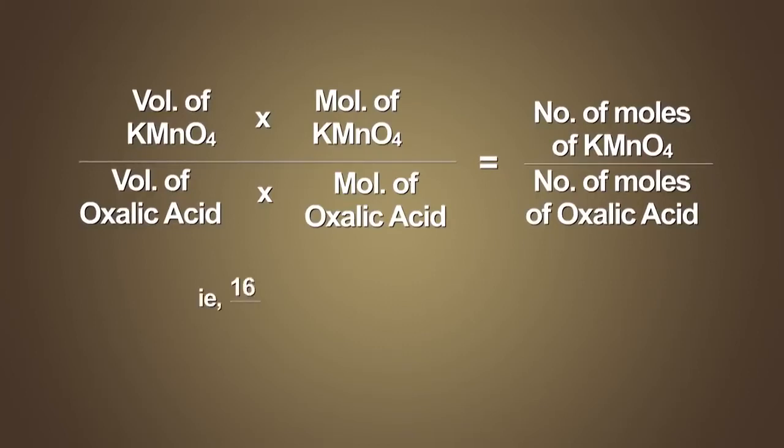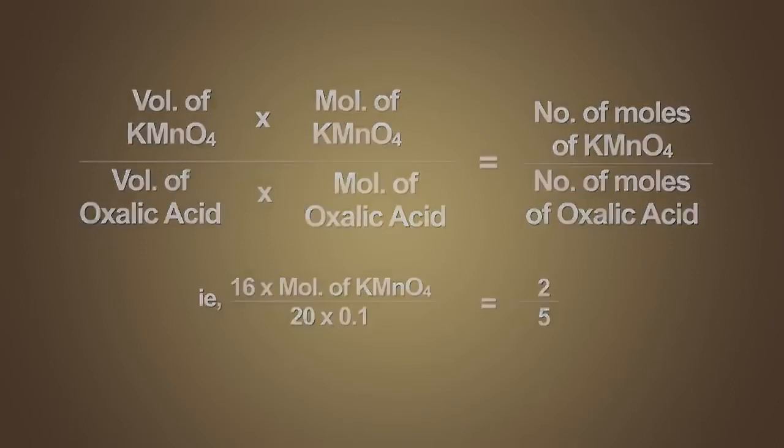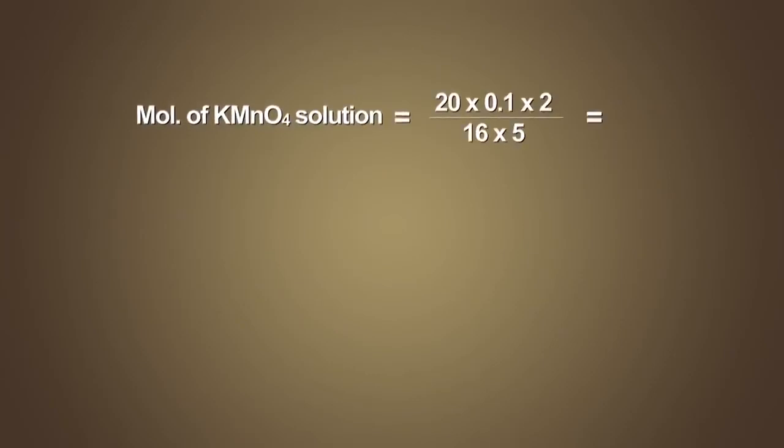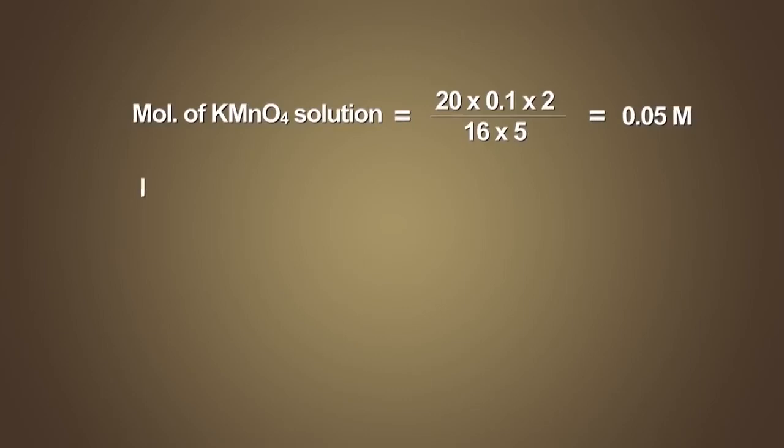That is, 16 into molarity of potassium permanganate divided by 20 into 0.1 is equal to 2 by 5. Therefore, molarity of the given potassium permanganate solution is equal to 20 into 0.1 into 2 divided by 16 into 5, which is equal to 0.05 molar.